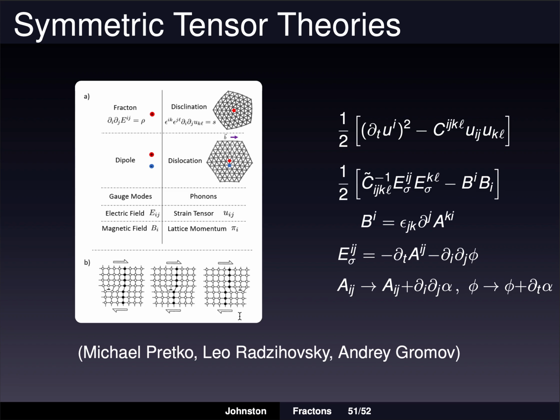They're pinned in place, they can't move, whereas dislocations can only move in particular directions, just like the excitations in the x-cubed model. The continuum theories associated with this class of models are typically, as we've noted, symmetric tensor gauge theories. So they're not anti-symmetric tensors, as in higher form gauge theories, but symmetric tensors.